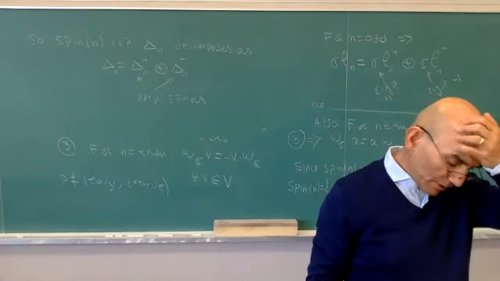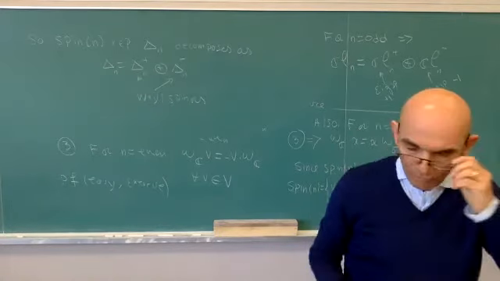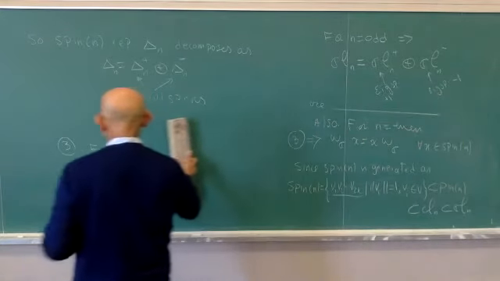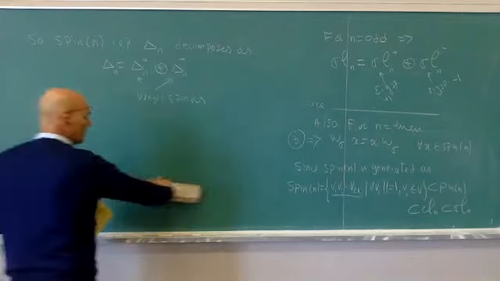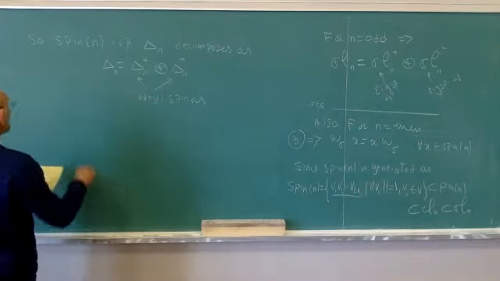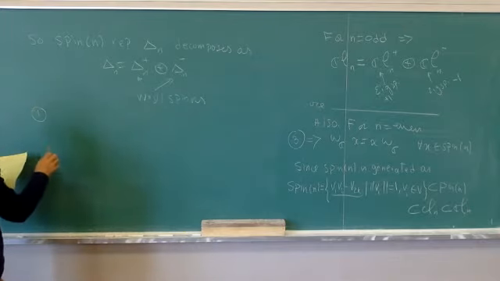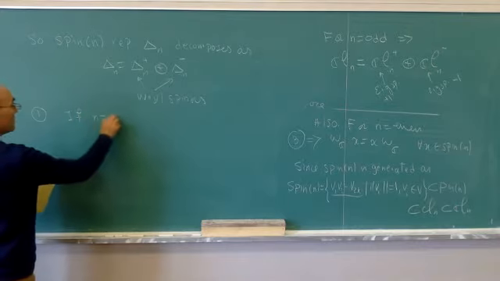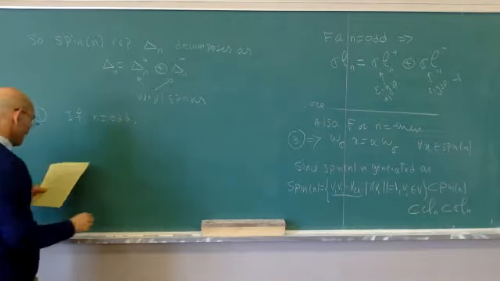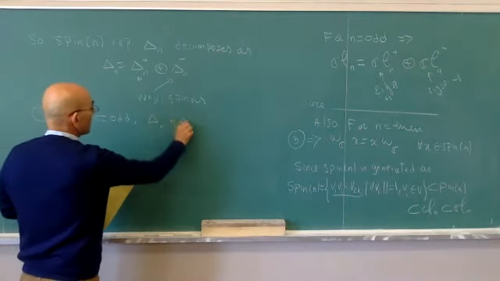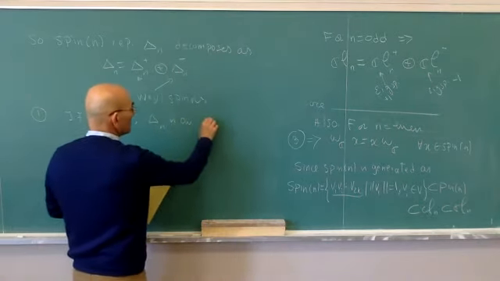So there are two results that I don't want to prove now, but I mentioned them about irreducibility. First of all, if n is odd, delta n is irreducible.